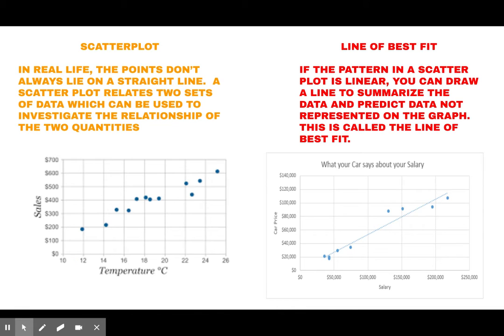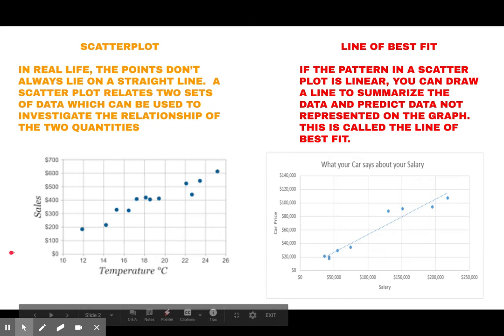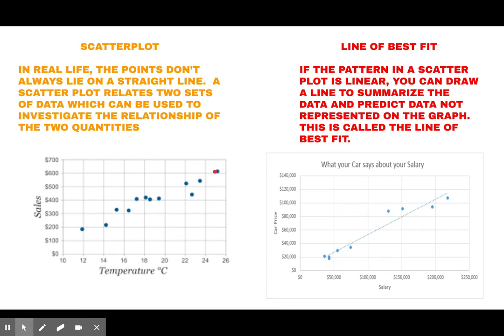Because we know that by definition of a scatter plot, in real life the points don't always lie on a straight line. So a scatter plot relates those two sets of data, which can be used to investigate the relationship of the two quantities. So we see here that as my temperature changes, the sales change with it. Okay, so a scatter plot does model and predict change.